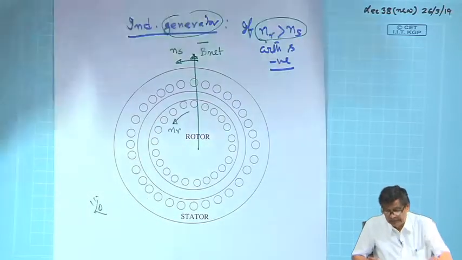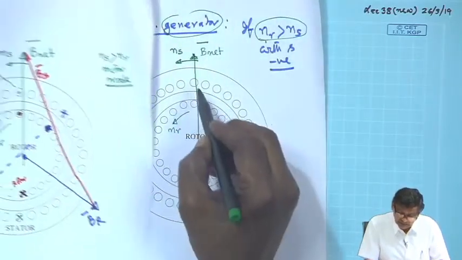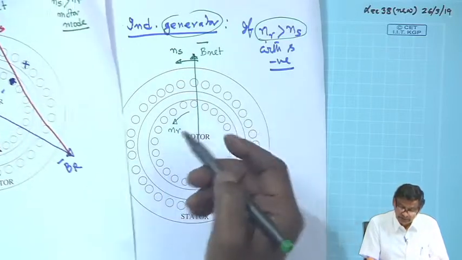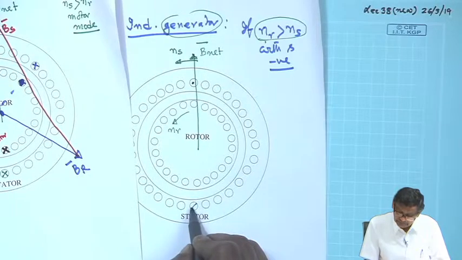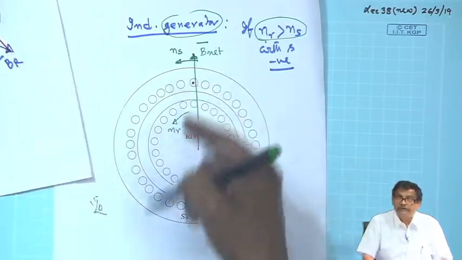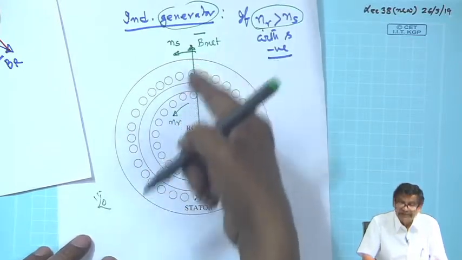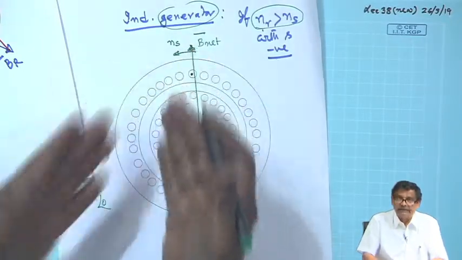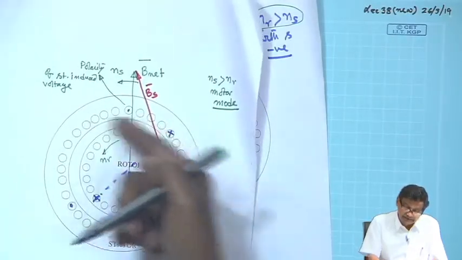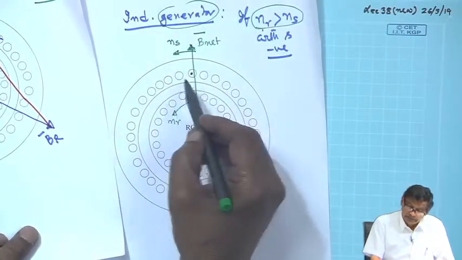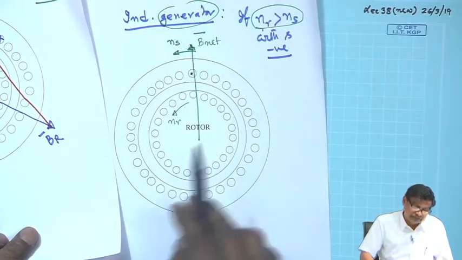So, like the previous case, so far as the stator induced voltage polarity is concerned with respect to the stator, this will remain dot and this will remain cross, and these are, mind you, the maximum voltage induced in the stator conductors. Whoever is present there will have this maximum voltage. Once again, applying that rule, with respect to the stator, it is moving with n s, this will be dot, this will be cross.